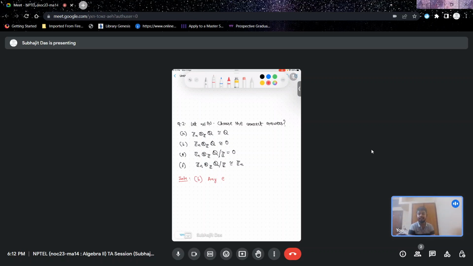So if we need to show that Zn tensored over Z with Q is 0, then it is sufficient to show that the elementary tensors are 0.